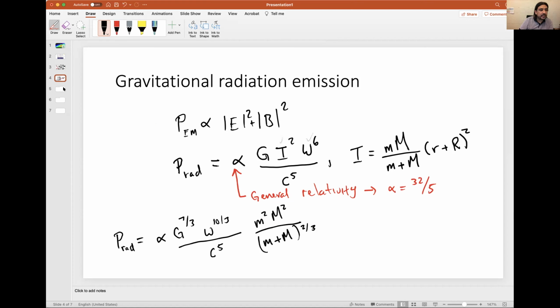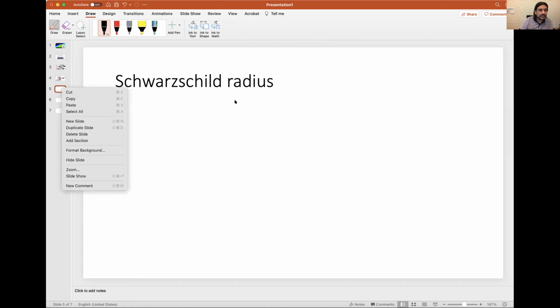All right, so then another thing that we can look at is the Schwarzschild radius. The Schwarzschild radius, or the event horizon of the black hole, is the distance from the center of this spherical body of mass at which we ask: what is the escape velocity?